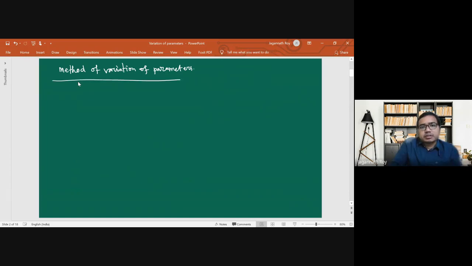For this method, we need to write the given equation, whatever it may be, as a1 d^n y by dx^n plus a2 d^(n-1) y by dx^(n-1) plus and so on plus an y equals to a function of x.